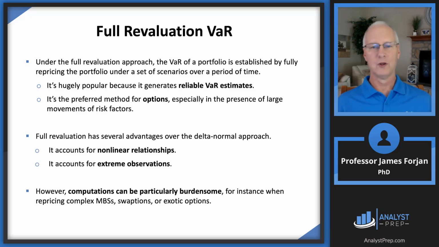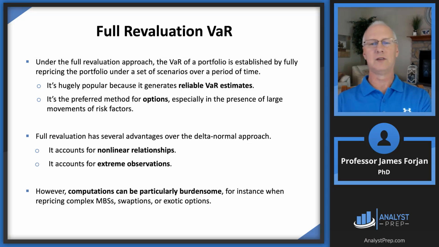Now, of course, when you do this full revaluation, it's not like you can get out your calculator and hit the PV button and hit the FV button and solve for I. This can be particularly burdensome, especially when you have things like collateralized debt obligations or mortgage-backed securities or options on swap contracts or some exotic option, in which you're trying to price, let's say, a weather-related derivative.